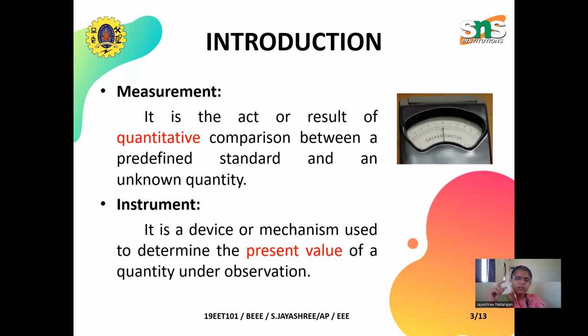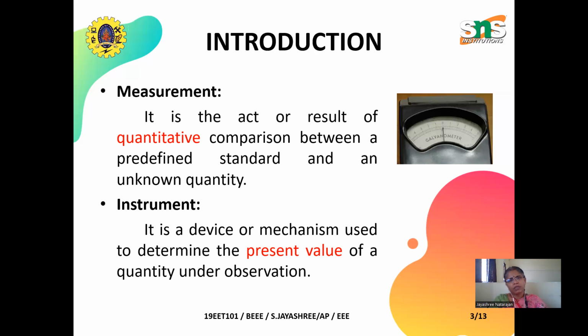This is centimeter, this is millimeter. 10 millimeter equals 1 centimeter, 100 centimeter equals 1 meter. These are the metric standards decided by scientific laboratories all over the world. So any unknown quantity is measured by comparing it with the known standards.